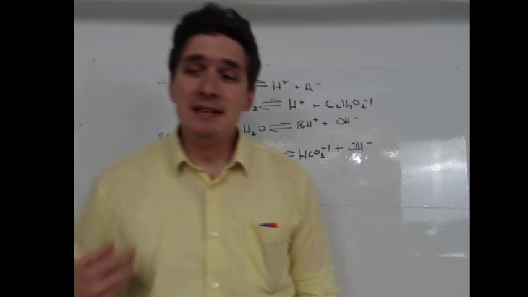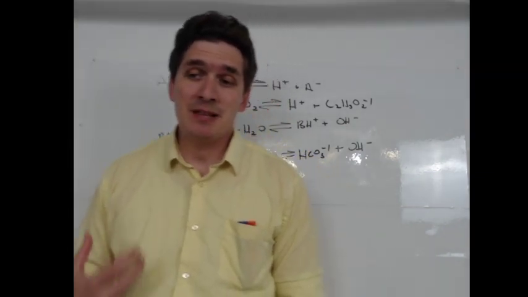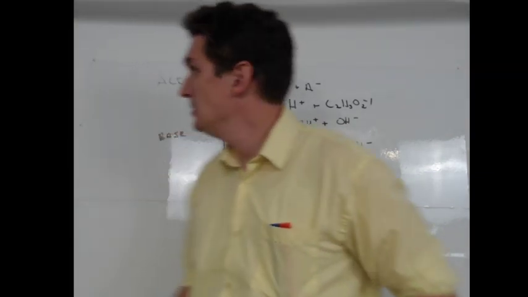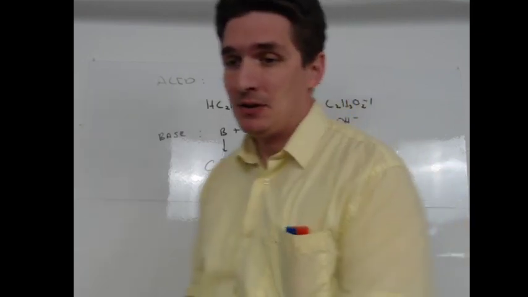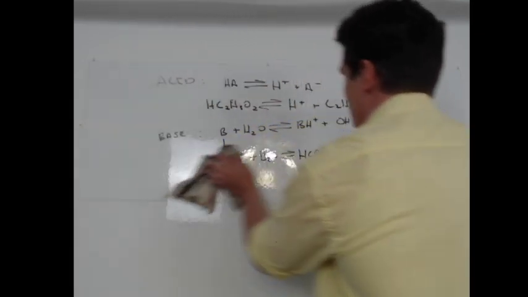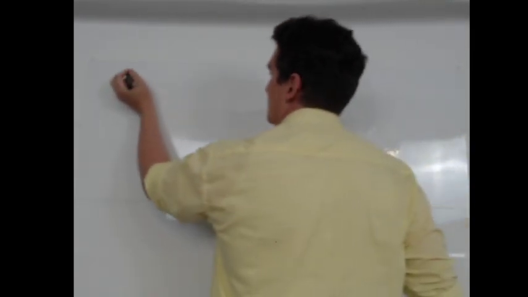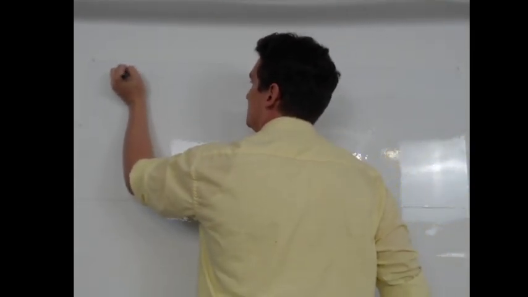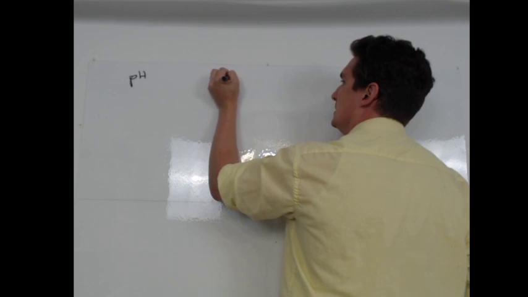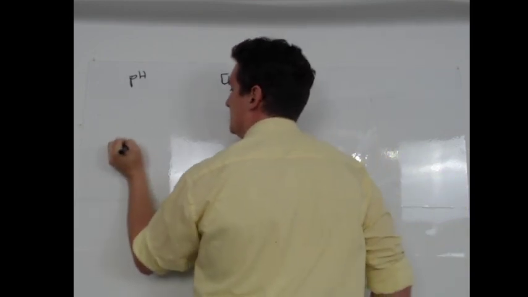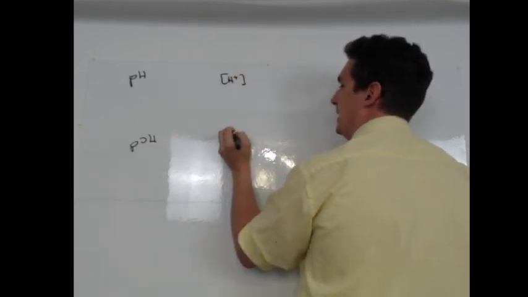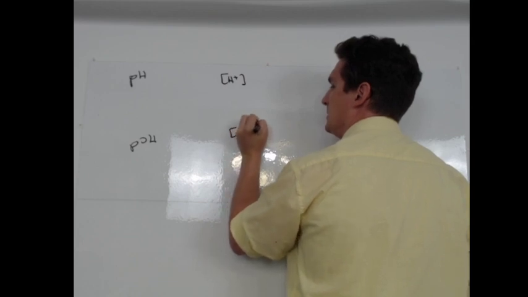So that is the pKb value of 3.76, but that is not the Kb. So Kb and pKb are not the same thing. They're related the same way pH is related to pOH. So to make it a little bit clearer, you've got your Blair diagram: pH, H plus, pOH, and OH minus.